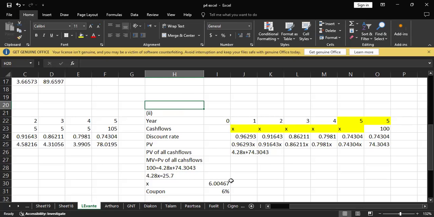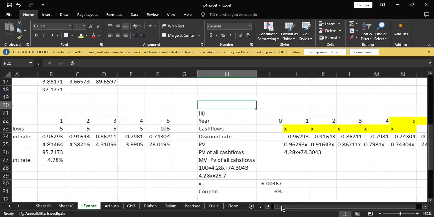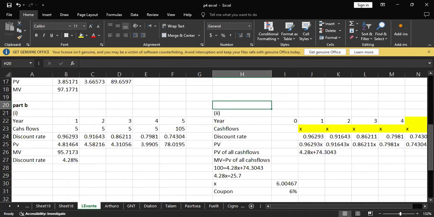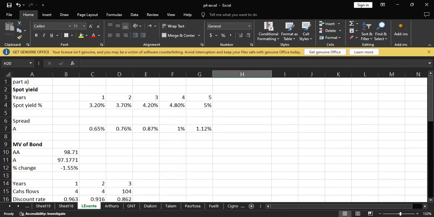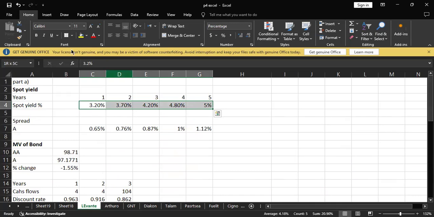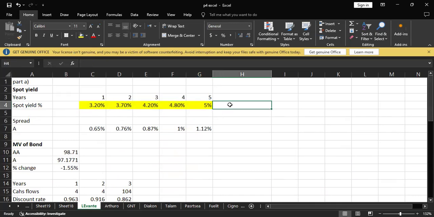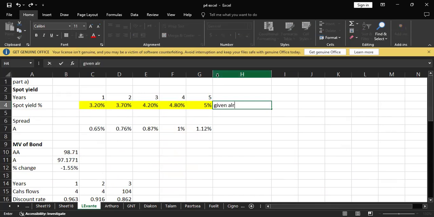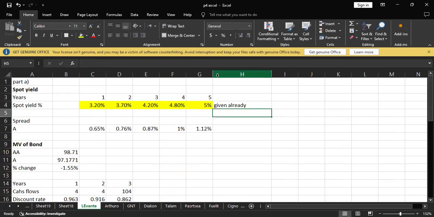But what was happening in this question? The examiner had provided these spot yield curves. These values were given already.